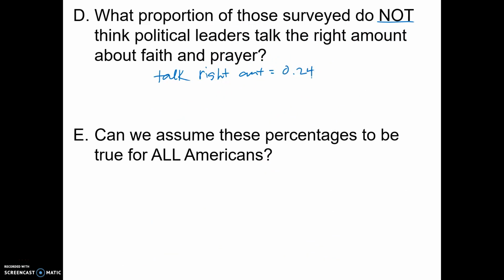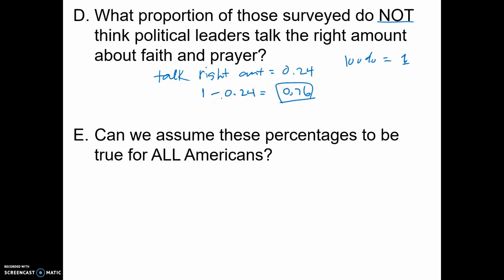We know that a whole pie chart is 100%, or as a proportion, 1. So if 0.24 think they talk the right amount, then the rest don't. Either too much, too little, or they're not sure. So if we take 1 minus 0.24, this will give you 0.76. So we take the right amount and we take 1 minus that.